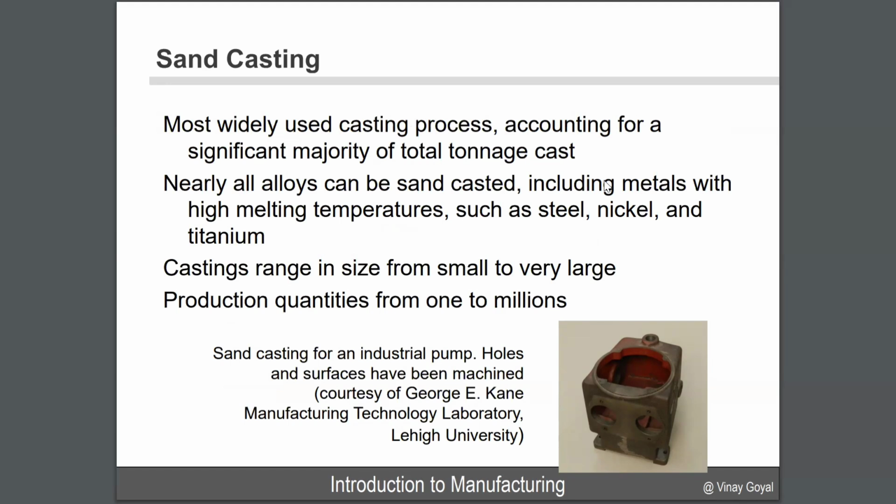It constitutes the majority of the total casting parts that are produced in the world. You can produce many quantities, up to a million of them, and the castings can be very small to very large. On the bottom right, what you see is an industrial pump that was manufactured using a sand casting process.